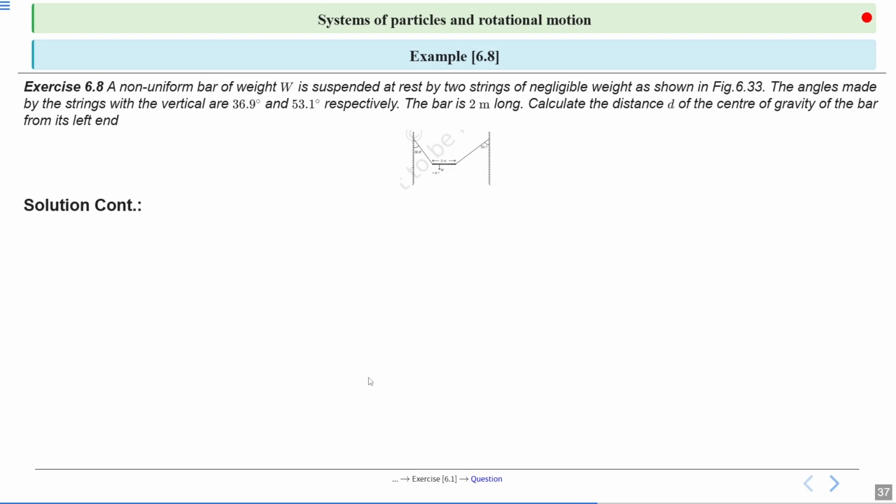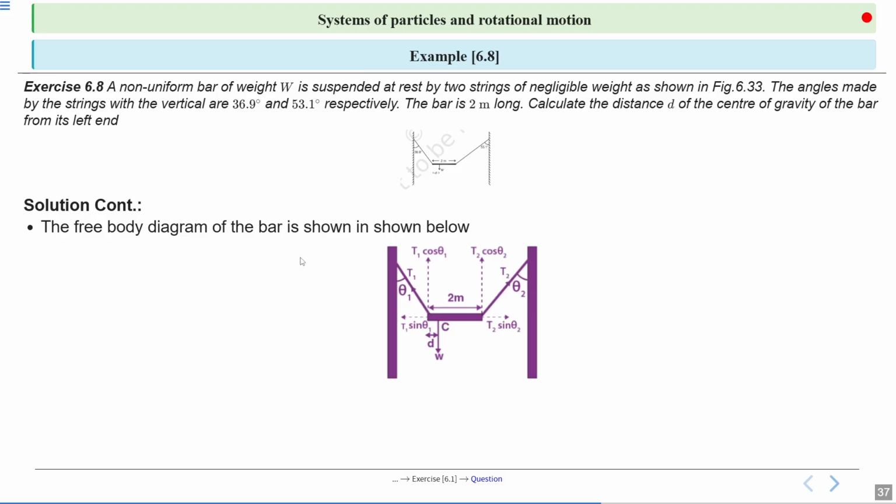Now, the free body diagram of the bar is shown below.